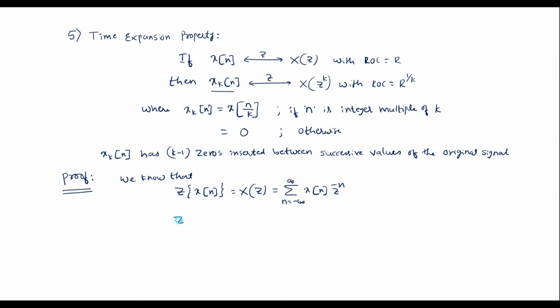So the Z transform of xk of n is summation n from minus infinity to infinity, where the input is xk of n, z power minus n, which is nothing but summation n from minus infinity to infinity x of n by k z power minus n.